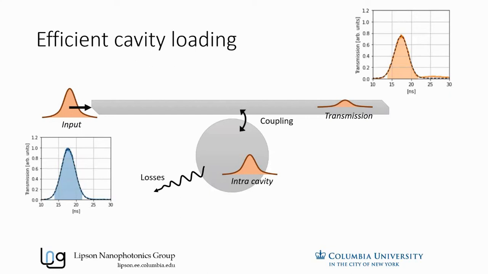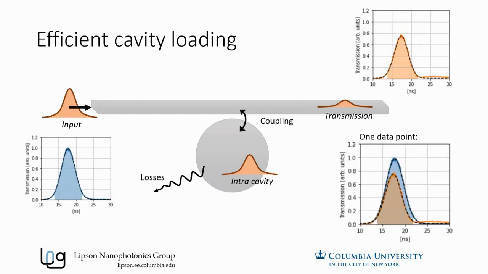One way to visualize such a data point is just to plot them together, and you can already from the ratio between the orange area output and the blue area input get an idea of the efficiency of this loading. And I should say that we always do this on resonance of the cavity.